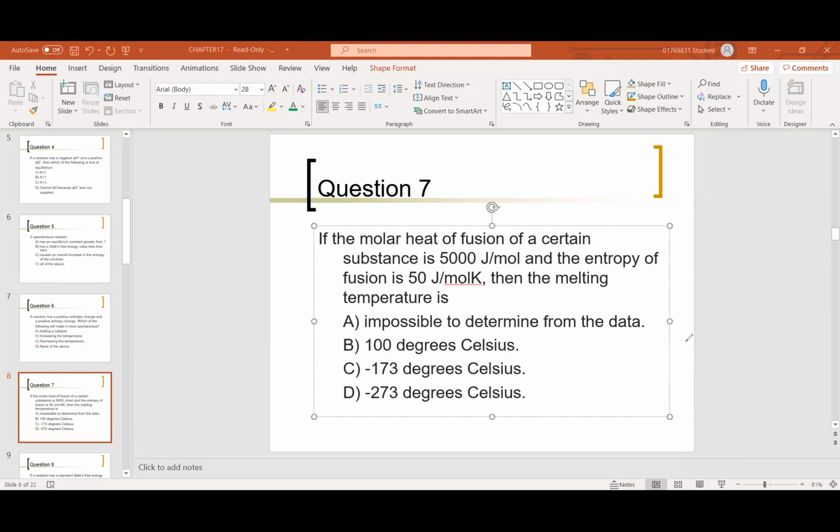So I need to figure out a way to get Celsius on top. 0 degrees Celsius equals 273 Kelvin. Just making sure of that.